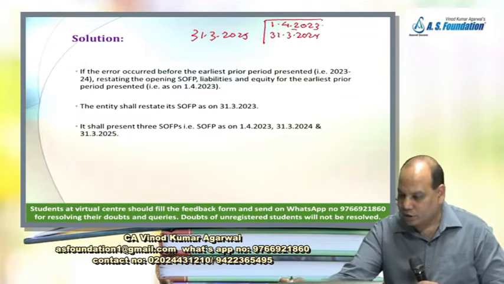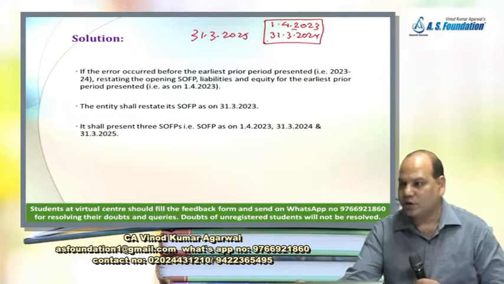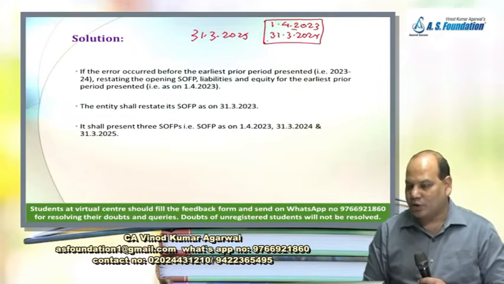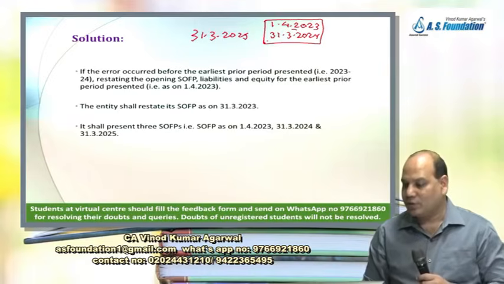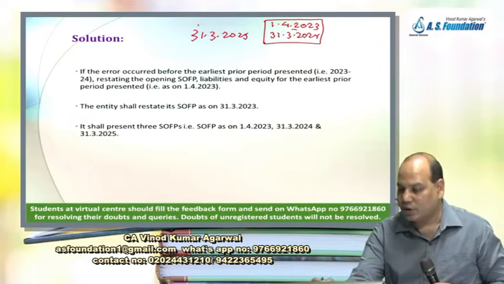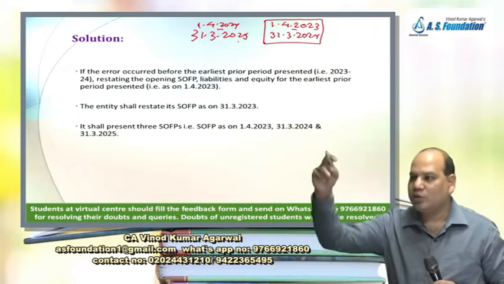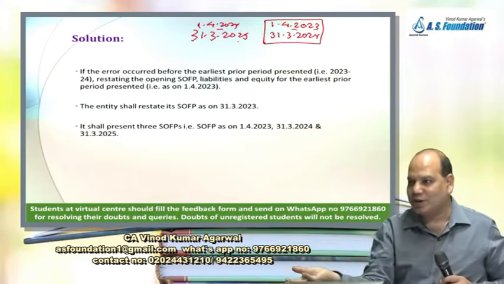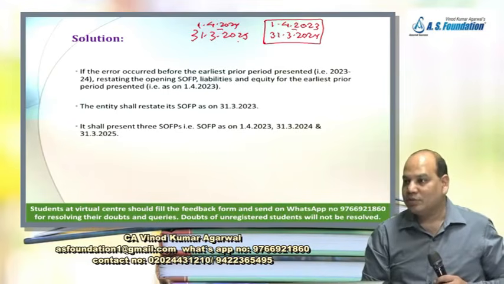Okay. Now, if the error occurs before this date, then only you will do the retrospective application. Now, suppose the error was committed in this year, 1/4/24 to 31st March 25. Do I need to revise that 1/4/23 figure? No, it won't change.